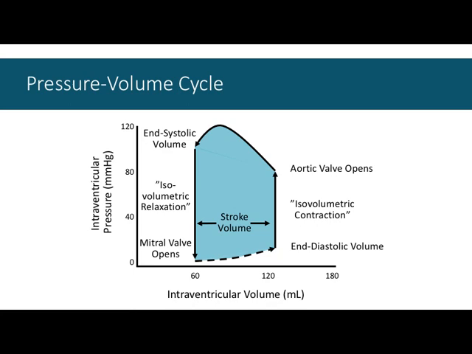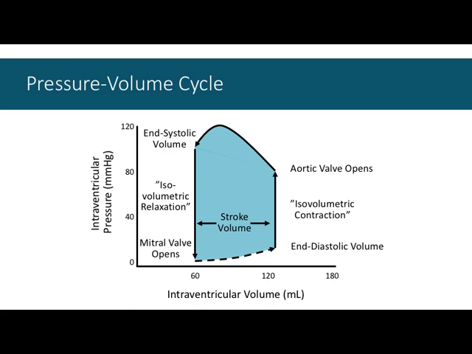So I'm going to use this as the framework to describe most of the factors on the last page. When we try to recover an insufficient cardiac output, when we try to restore normal function, what does it look like in terms of the pressure-volume cycle?